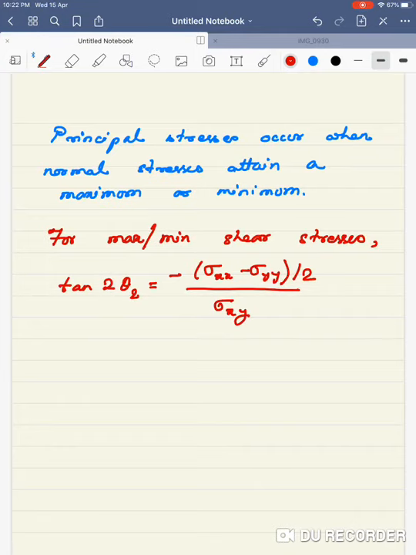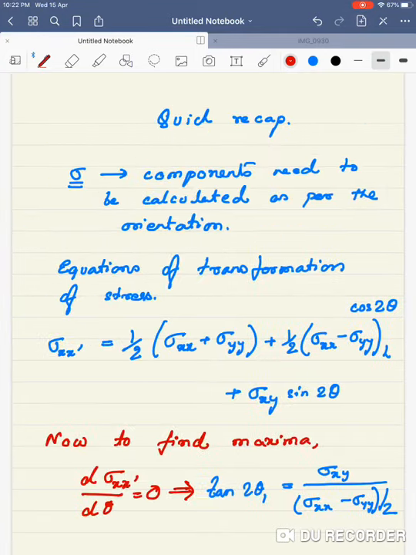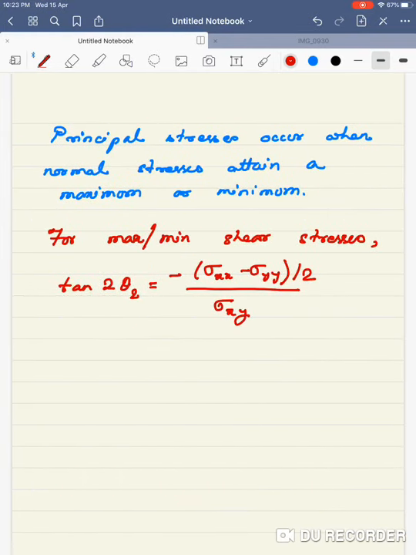It turns out that theta 1 and theta 2 are oriented at 90 degrees to each other. Where the maximum shear stresses occur, the normal stresses need not be 0. So these were the two important directions in a two-dimensional state of stress.